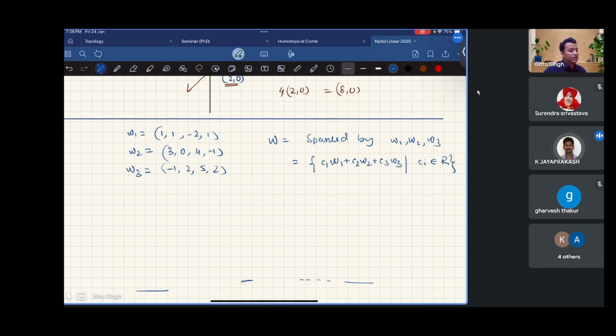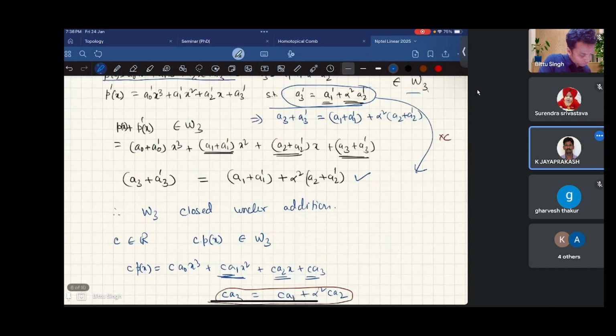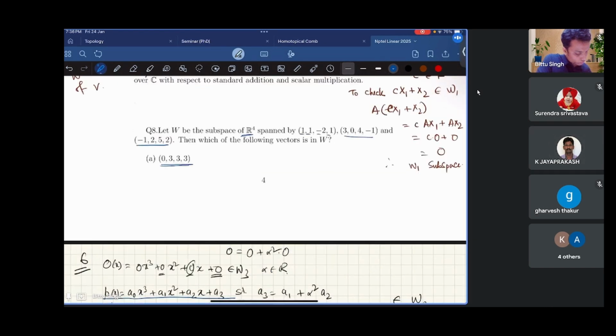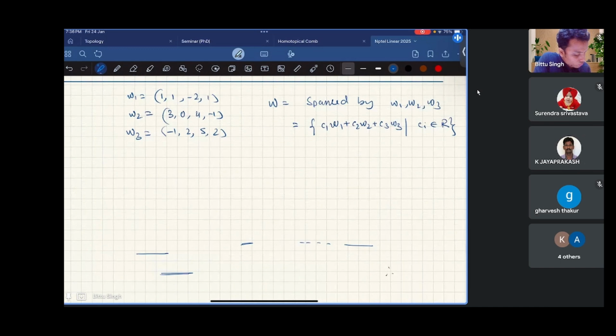Now the question is which option. The first option was 0, 3, 3, 3. We are considering question number 8, option 1. Does it belong to W?